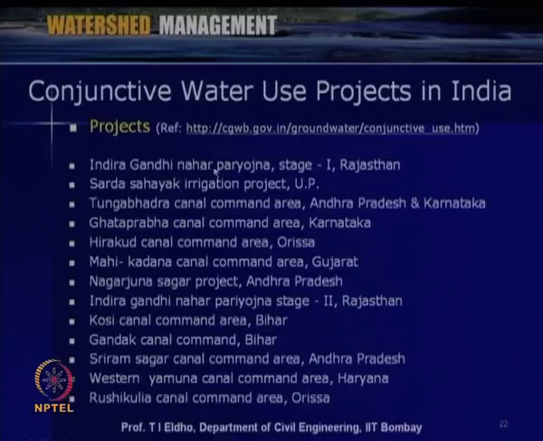They include the Indira Gandhi Nahar Pariyojana, Sarda Sahayak irrigation project in UP, Tungabhadra Canal Command area, Ghataprabha Canal Command area, and Hirakud Canal Command area. A number of projects are listed under the conjunctive water use plans.